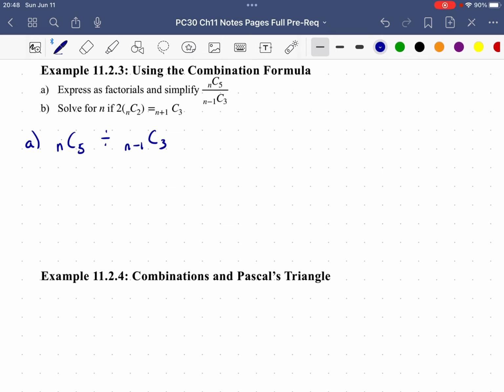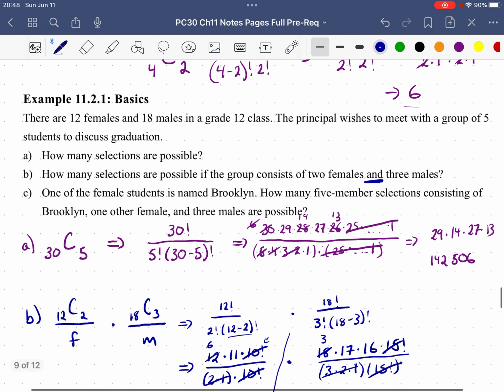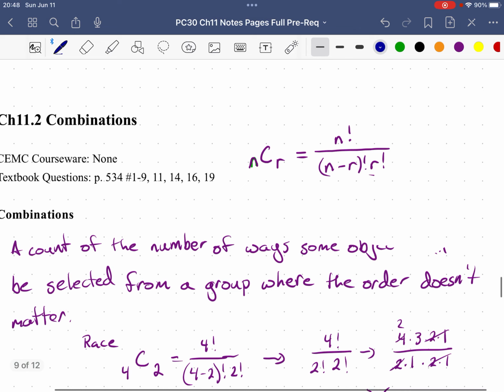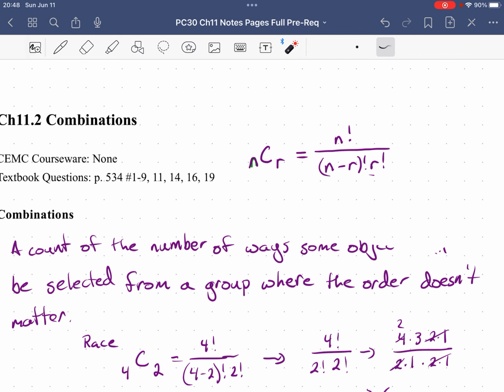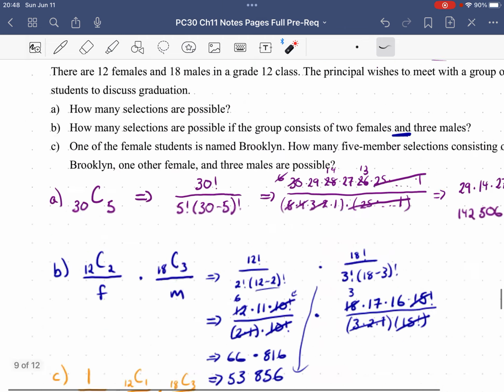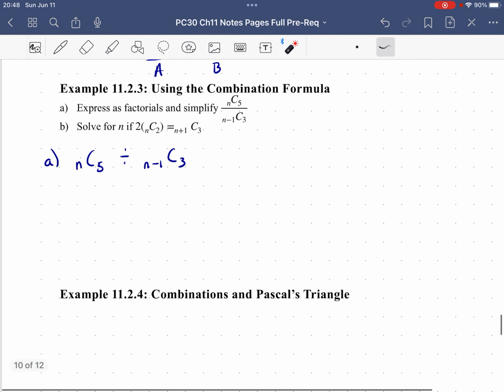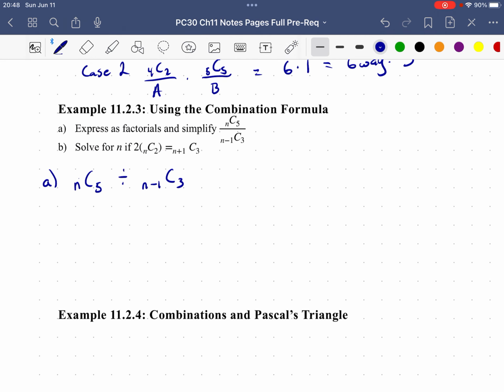Now I'm doing that because I know from this formula right here that we're going to end up with fractions divided by fractions. And that means we're going to be multiplying by the reciprocal. Sometimes I like to have this written out this way. So this becomes n factorial all over 5 factorial times (n minus 5) factorial.